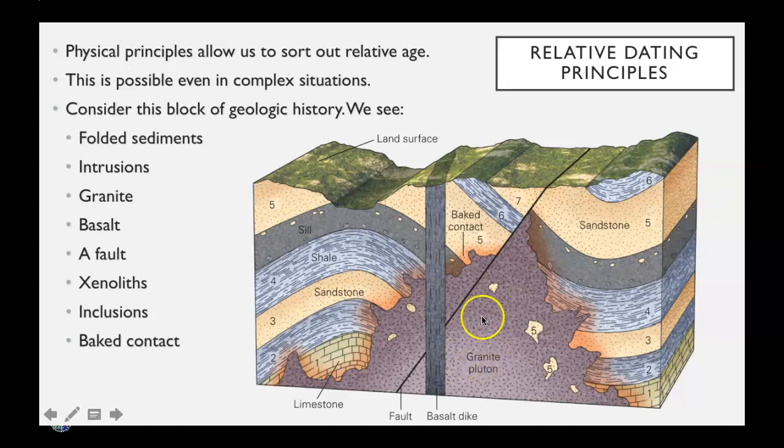So the pluton intruded, picked up pieces of number 5. Then the whole thing was cut by the fault after the pluton intruded. And then after the fault, there was intrusion of the dike, right? Had to happen last. And the very last thing is the creation of this surface here.